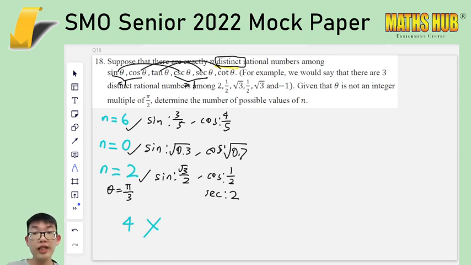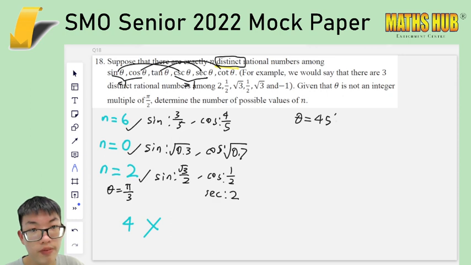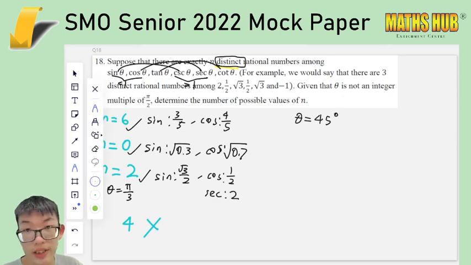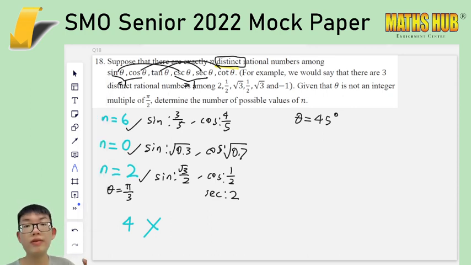So the only thing that can happen is that tangent and cotangent are equal to each other, which is when theta is 45 degrees. Now, if theta is 45 degrees, which is basically pi over 4, then sine and cosine will be 1 over root 2. Secant and cosecant will be square root 2.